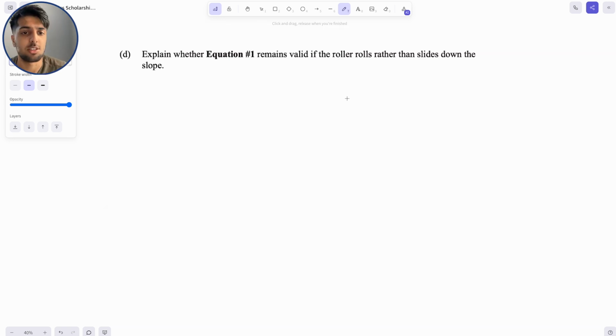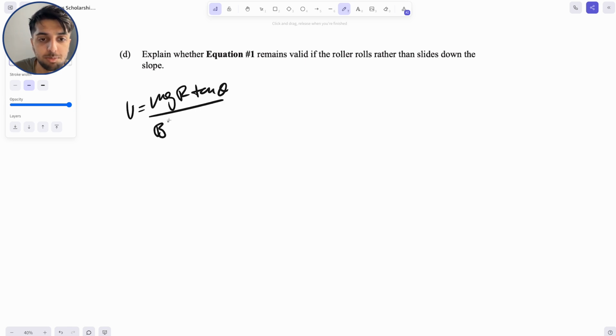Okay, for the last part of question 3, part D: explain whether equation 1, which is V equals mgr tan theta over b squared L squared cos theta, is still valid if the roller rolls rather than just slides down the slope.